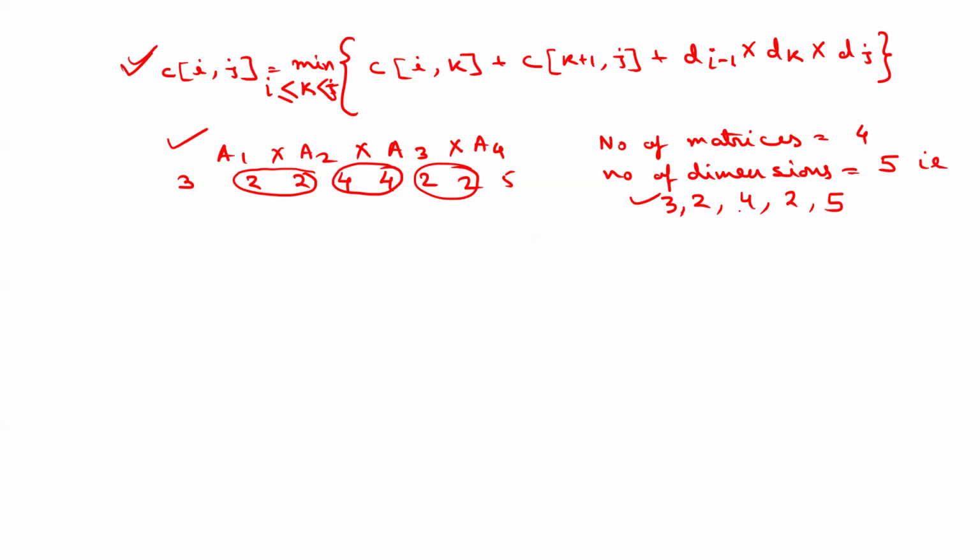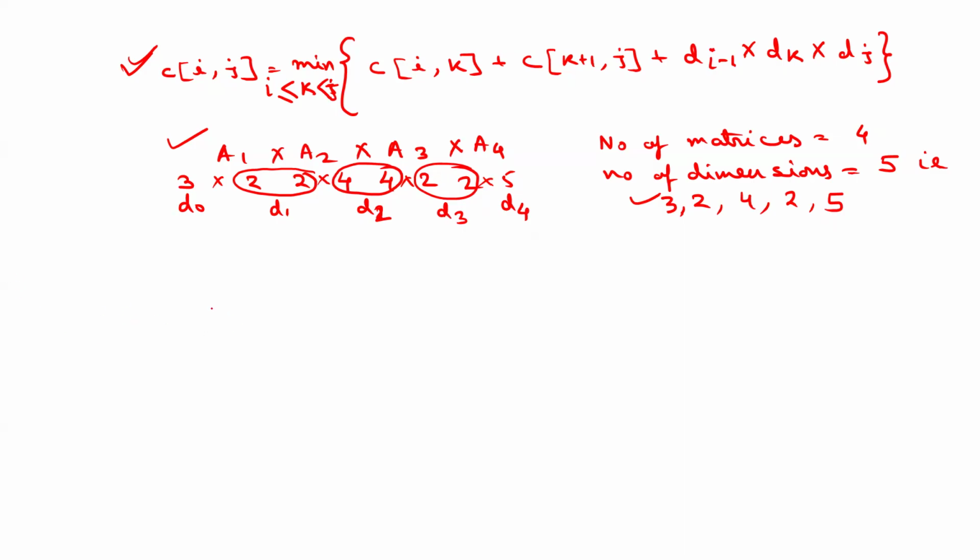That means A1 multiplied with A2, A3 and A4. The dimension of A1 is 3 cross 2, A2 is 2 cross 4, A3 is 4 cross 2, and A4 is 2 cross 5. So this is d0, d1, d2, d3, and d4.